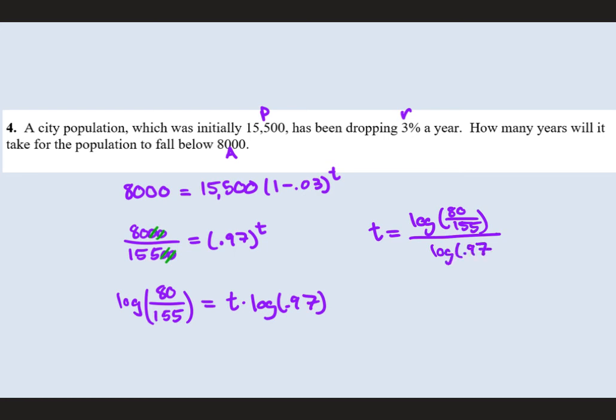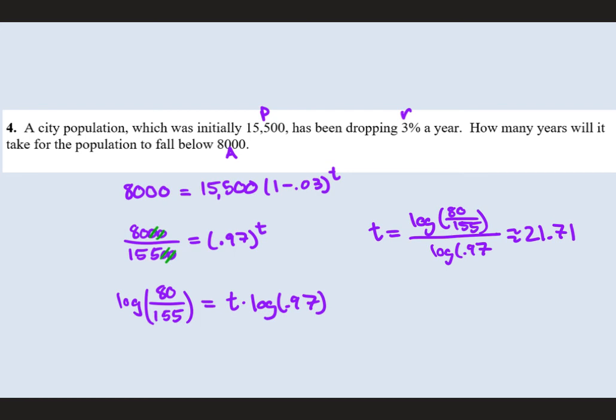And so I'll plug that in my calculator, get a decimal approximation. So I will go log of 80 over 155, and then divide that by the log of 0.97, and I will get approximately 21.71 years.